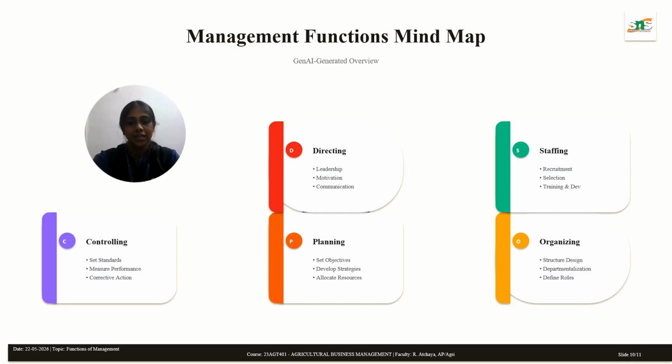It starts from planning, which decides the objectives, organizing arranges the resources, staffing provides the manpower, directing activates the employees, and controlling evaluates results. Together these functions ensure efficient management and organizational success.